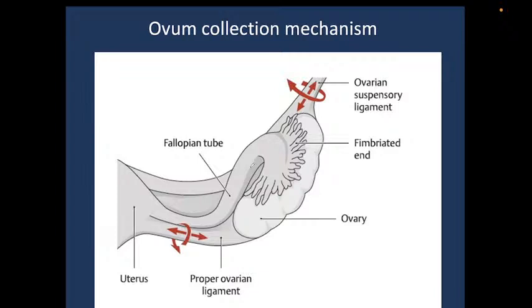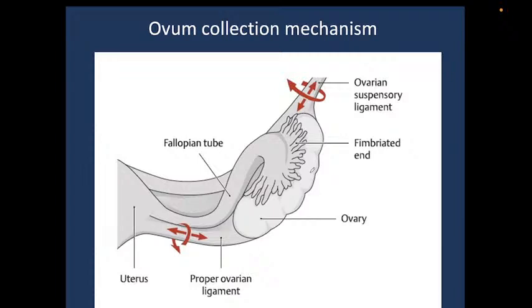Because the uterine tube transports the oocyte or material along the uterine tube, and it involves a combination of ciliary movement and peristaltic contraction in the wall of the uterine tube, and it is possible because of the muscular layers.